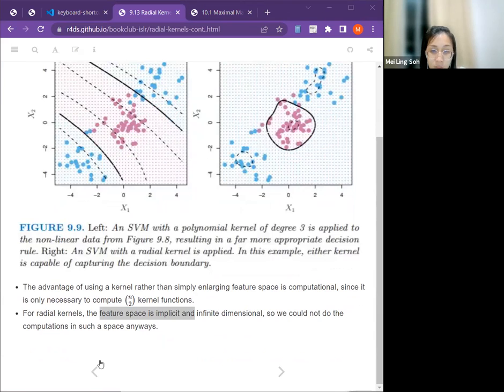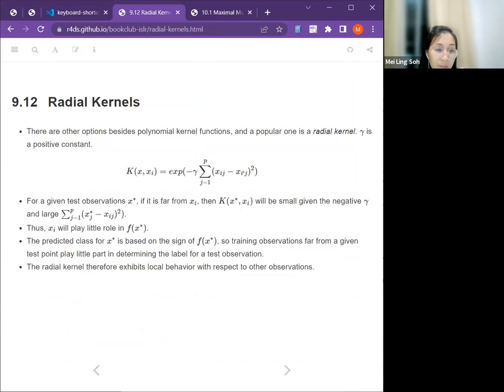Let's go back to this formula. Here we have this gamma. The question is, how do we decide on the appropriate number for this gamma? You can determine gamma using cross validation, because the purpose is to scale the squared distance between these two observations.